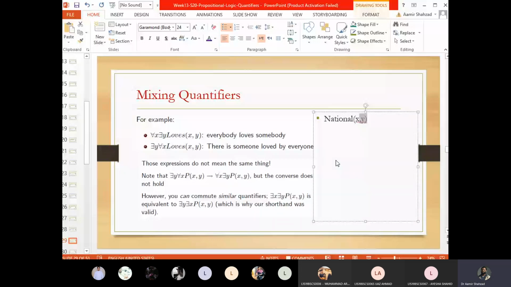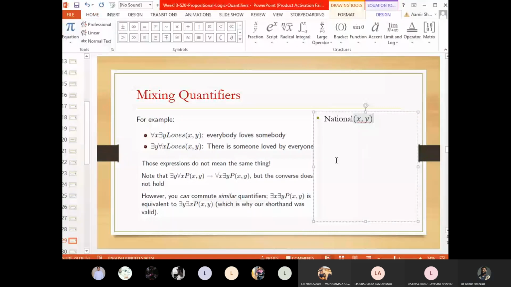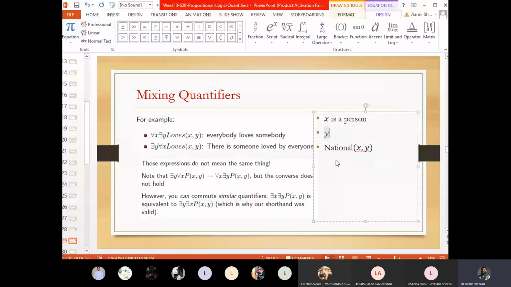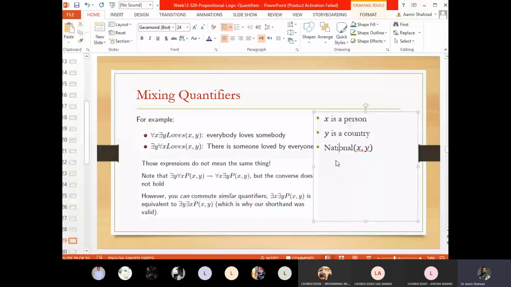X is a person, and Y is a country. So national XY means X is national of Y. Mr. X is national of country Y. Like Mr. Ali is national of Pakistan.